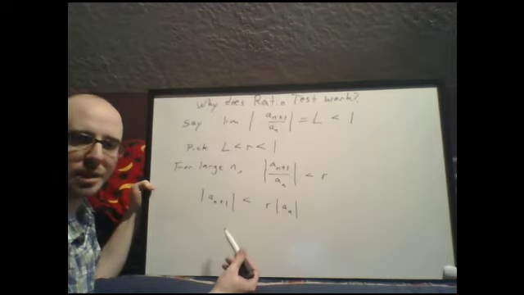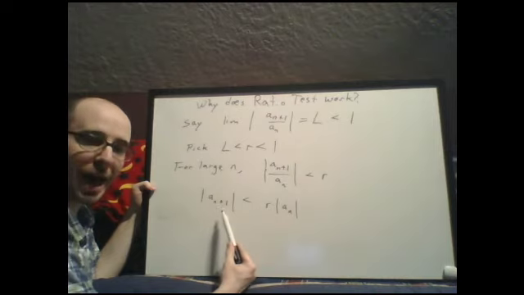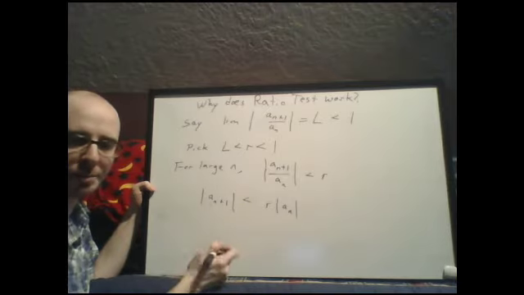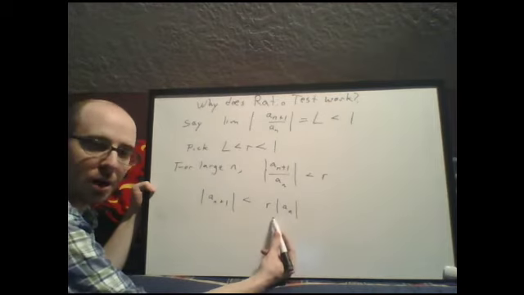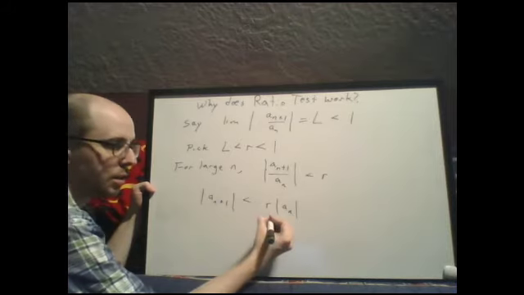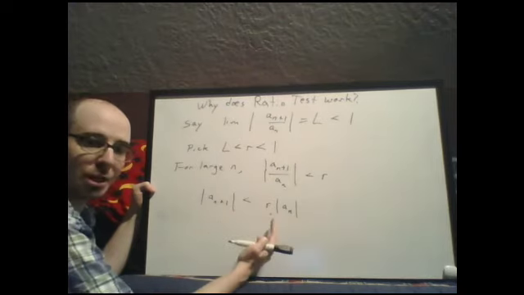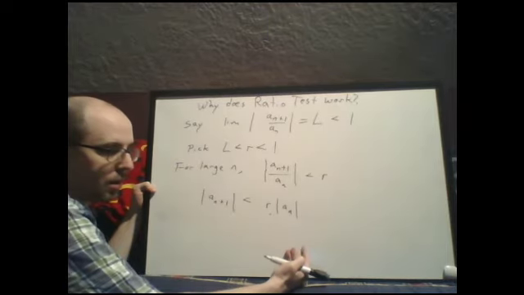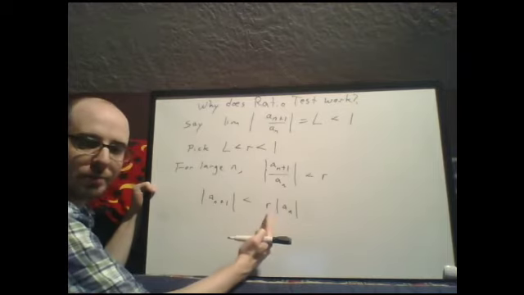So rather than getting to the gritty details of this, my actual next term in my actual sequence, a_{n+1}, in absolute value, is less than the previous term times R. That should be reminiscent of a geometric sequence. A geometric sequence, this would equal R times the previous term. If this equaled R times the previous term for every n from now onward, it would be a geometric sequence. Geometric sequences are achieved by repeatedly multiplying by the same common ratio R.